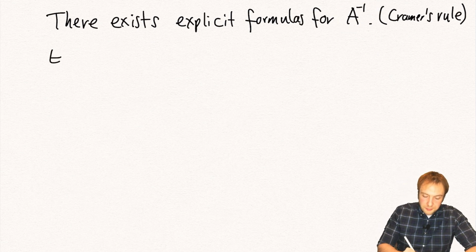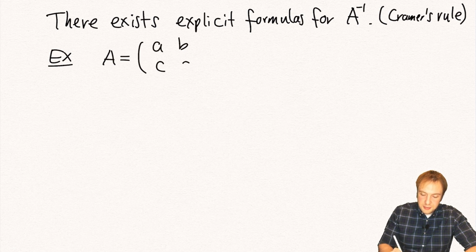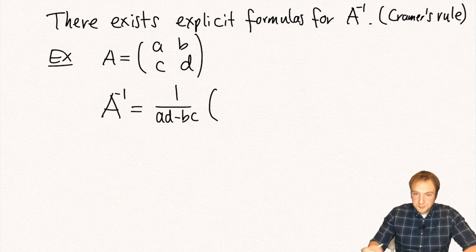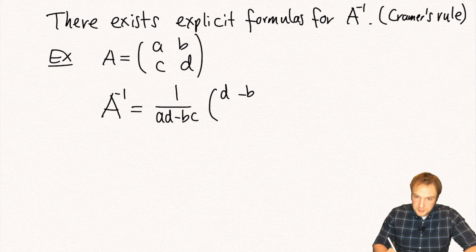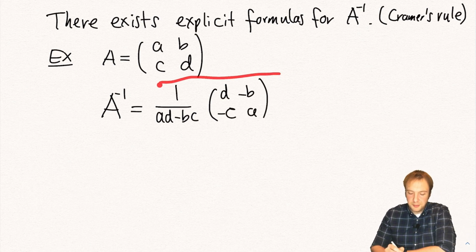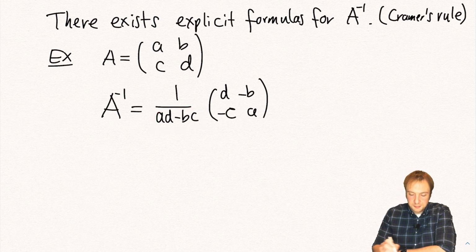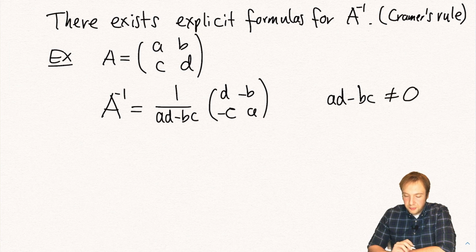So for example, if A is the matrix A, B, C, D, then this formula says that the inverse of A can be written as follows, as 1 over AD minus BC times D, minus B, minus C, A. And you can check that if you multiply this matrix with this matrix, you get the identity matrix. But you also see that this expression here just makes sense if AD minus BC is not 0.